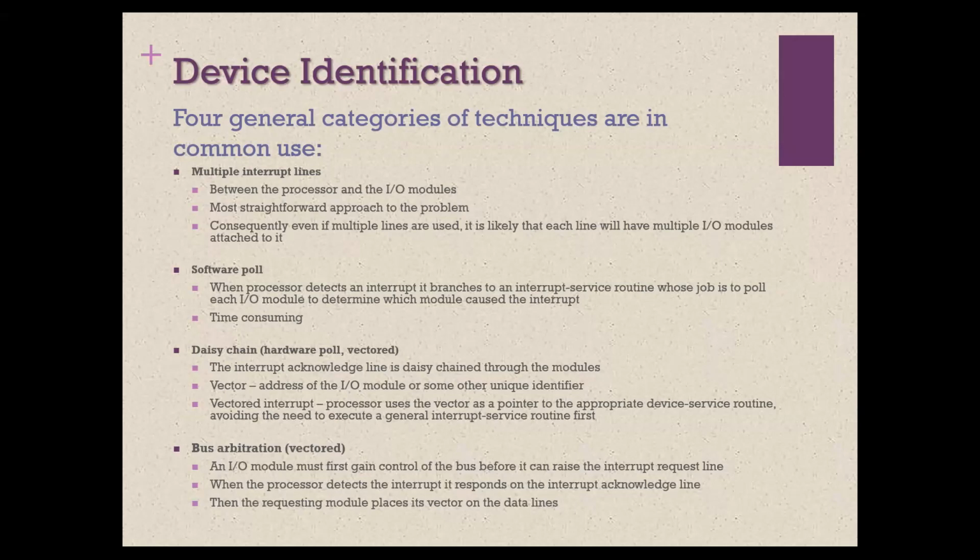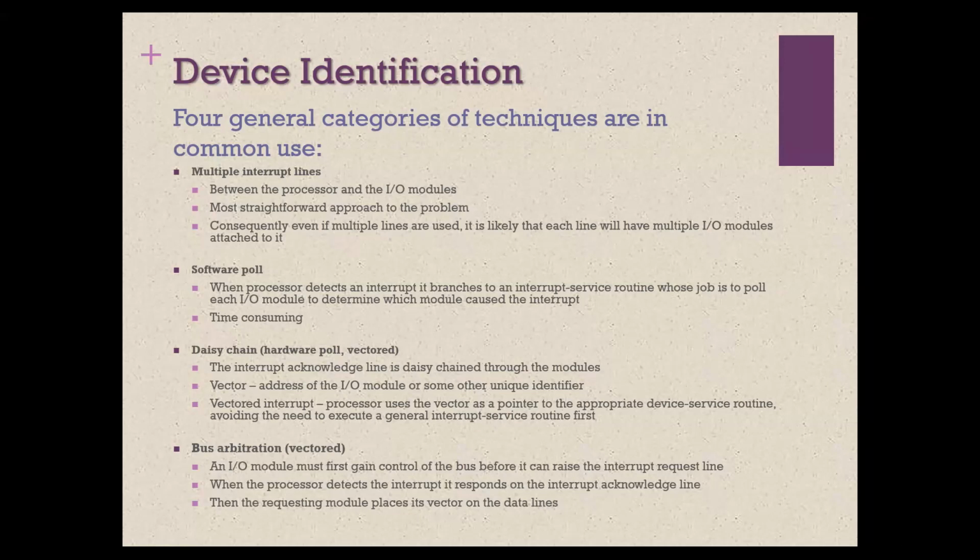The most straightforward approach to this problem is to provide multiple interrupt lines between the processor and the IO module. But that's not the way to go. It is impracticable to dedicate more than necessary bus lines or processor pins to the interrupt lines.